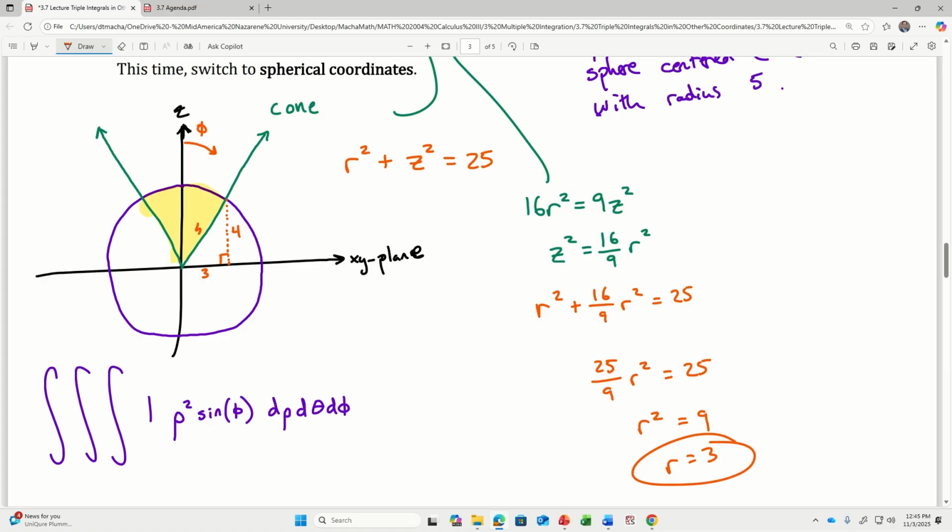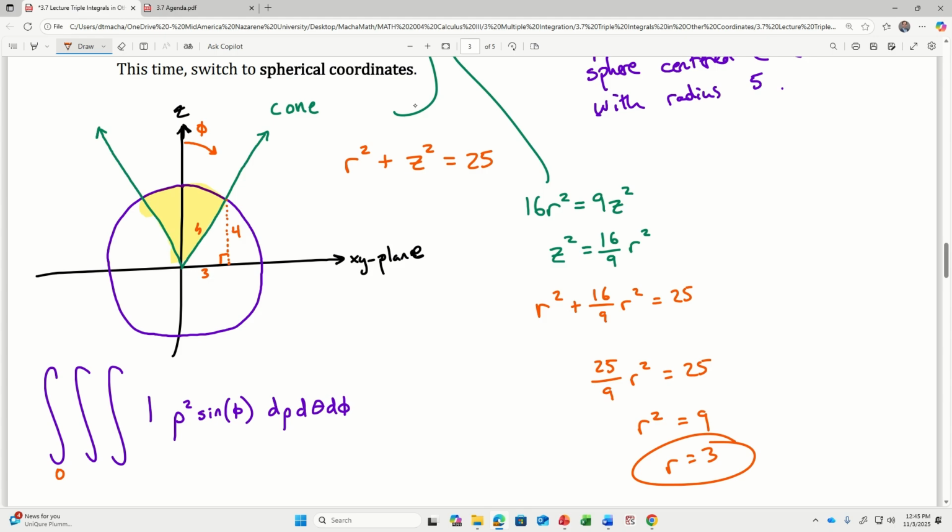And so the lower bound of phi has to include 0. What's the upper bound of phi? It's a harder question.